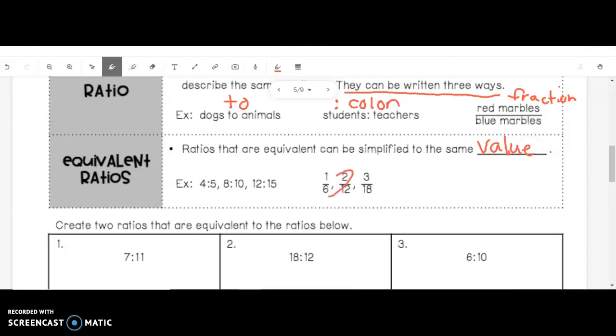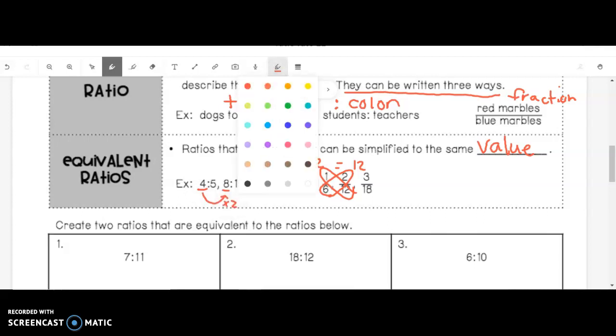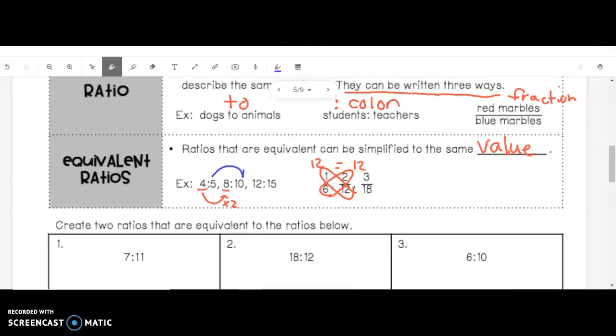Example, if I did butterfly on these, I would get 12. That tells me they're equivalent. On these, since they're written horizontally instead of as fractions, we're going to compare the first 2 numbers. Well, I can get from 4 to 8 by multiplying by 2. And then I can also get from 5 to 10 by multiplying by 2. Since both are being multiplied by 2, they are equivalent.